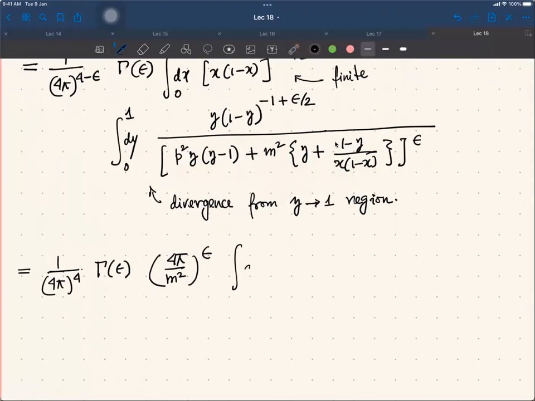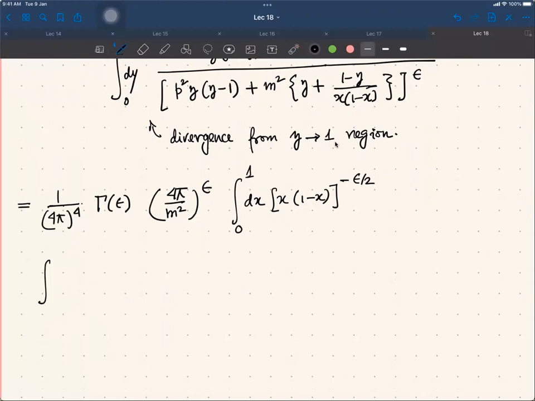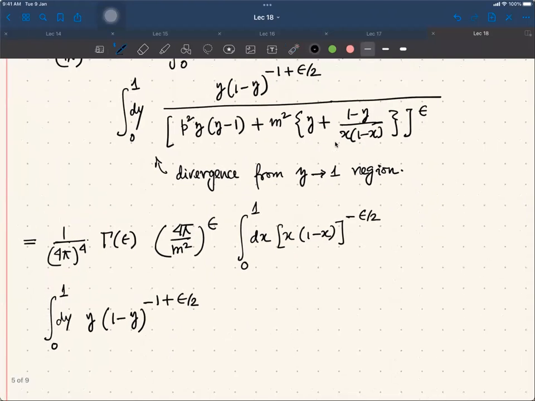And then I will write, for the y integral, 1 minus y to the power minus 1 plus epsilon by 2, times 1 over this with m squared taken out.